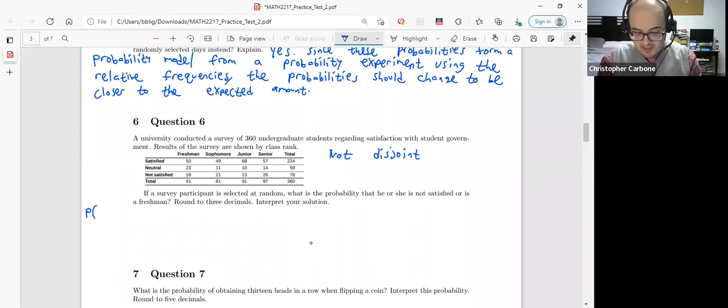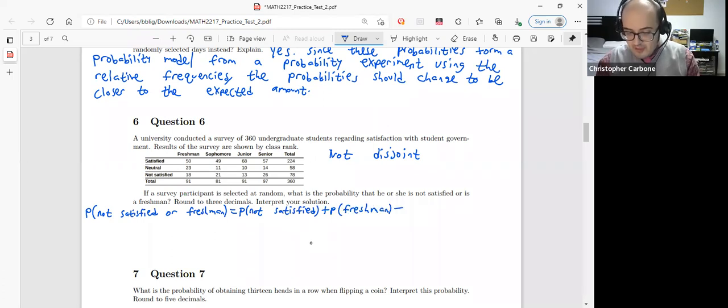The probability of not being satisfied or a freshman is the probability of not being satisfied, plus the probability of being a freshman, minus the probability of being both not satisfied and a freshman.